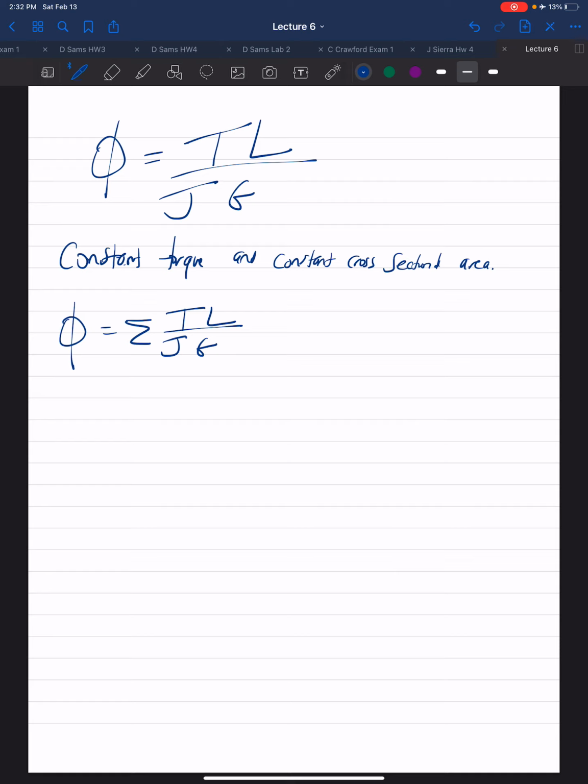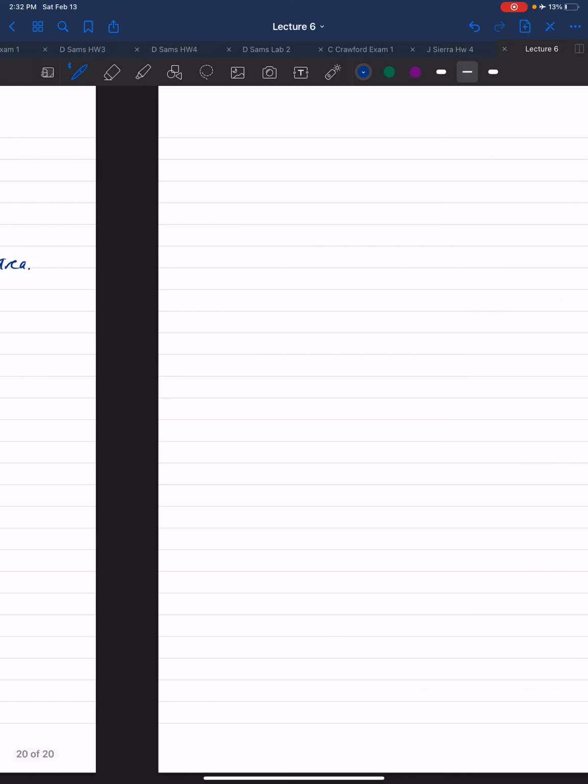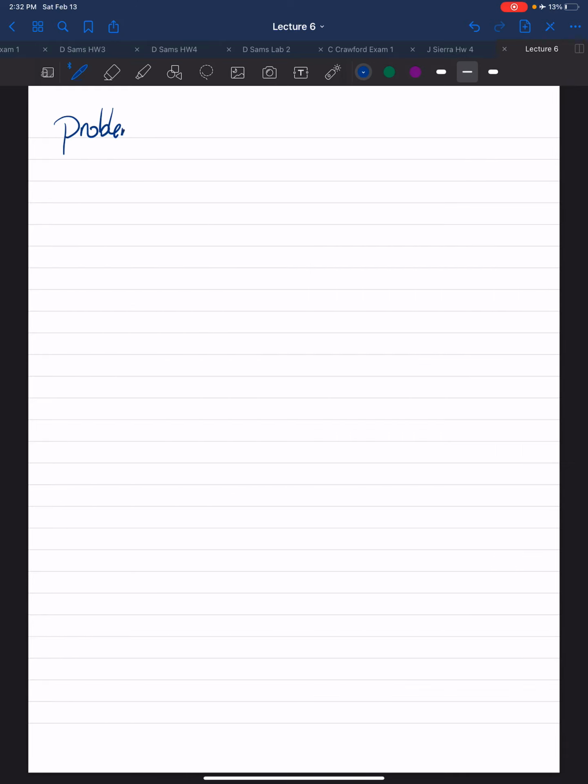So take a look at the problem. Let's look at problem 1035. This is on page 483. It says the propellers of a ship are connected to an A36 steel shaft. The length is 60 meters.